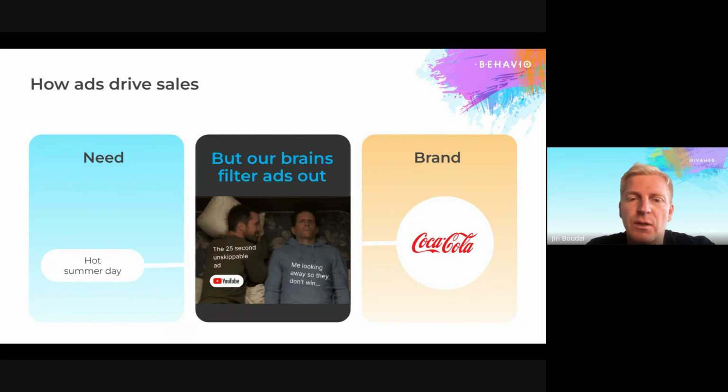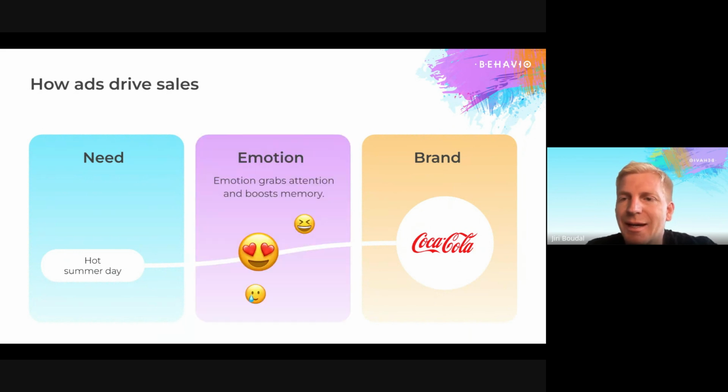typically. When we're watching TV and there's a commercial break, we go to the kitchen or check our smartphones. We try to skip most of the ads online. That is why a third driver of ad effectiveness is needed, and that is emotion.